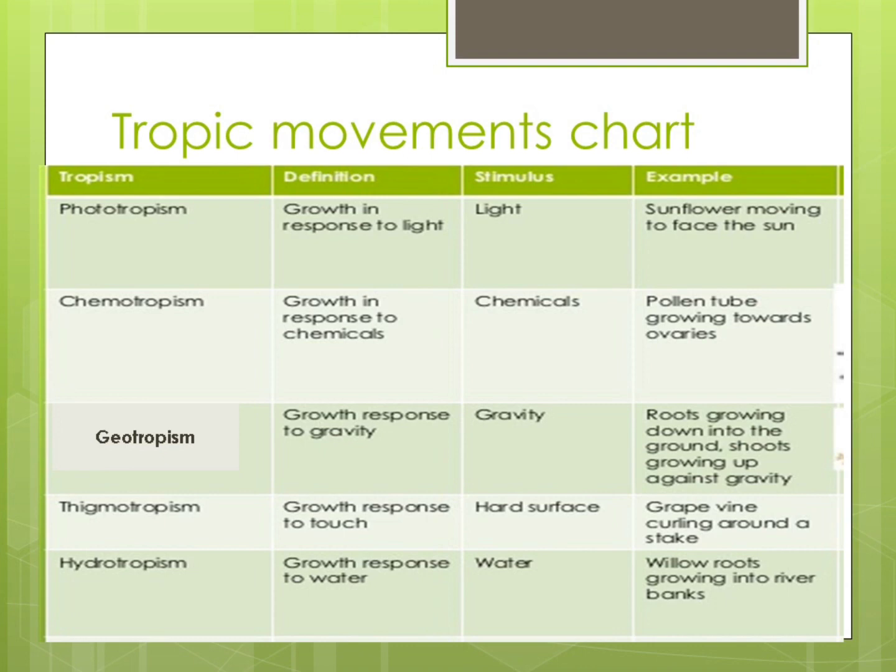Pollen tube growing towards ovaries. Geotropism, stimulus is gravity. Roots growing down into the ground and shoots growing up against gravity. Thigmotropism, stimulus is hard surface or any support. Example, grapevine curling around a stalk. Hydrotropism, stimulus is water. Example, willow roots growing into river banks.